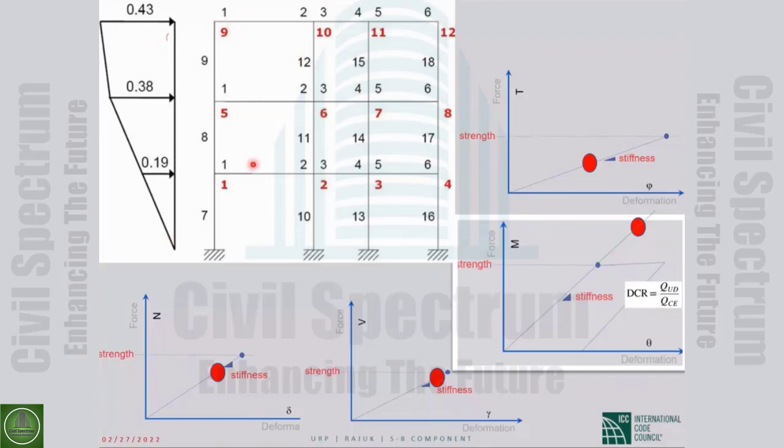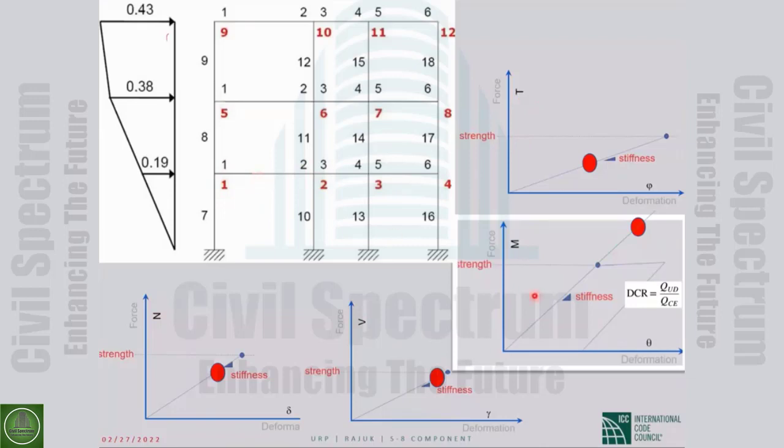For example, this beam. In this beam, there is axial force. It's not axial force if it's a rigid diaphragm, but assume there is some axial force here. There is a shear in this beam. There is moment in this beam. There is torsion in this beam.